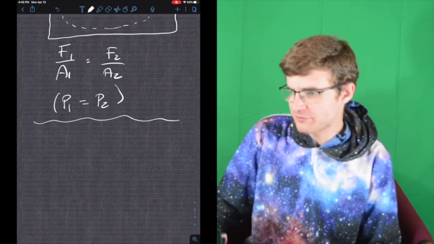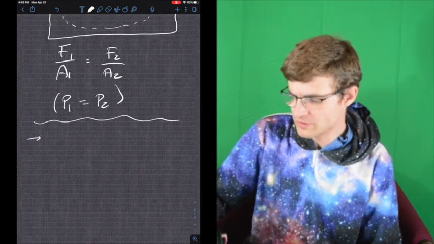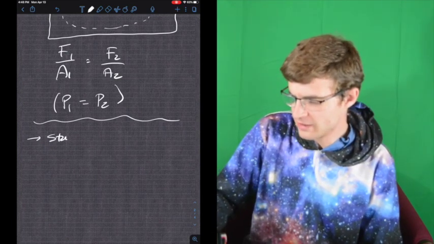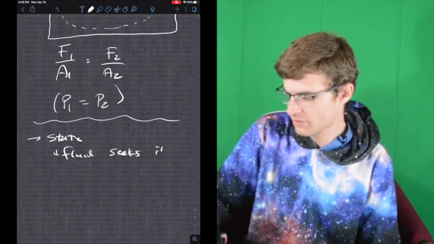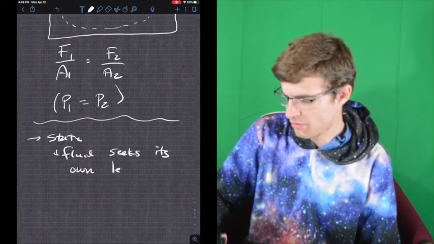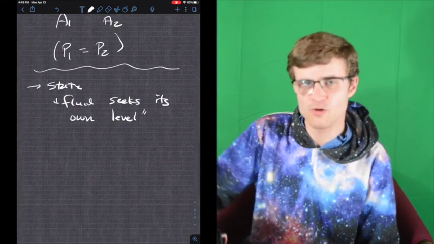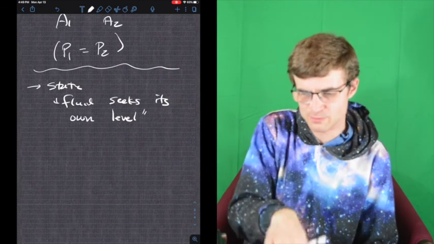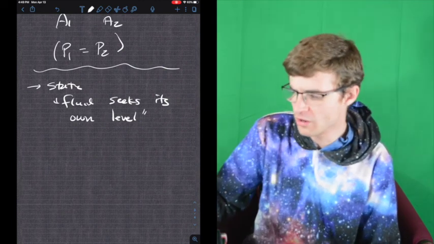Okay, what else in the fluid statics regime? I think that's all except for a couple of key points. One is that when you're static, fluid seeks its own level, which we kind of already know. Water, if poured into a canyon, is going to explore all the cracks and crevices in the canyon before rising along the canyon wall.